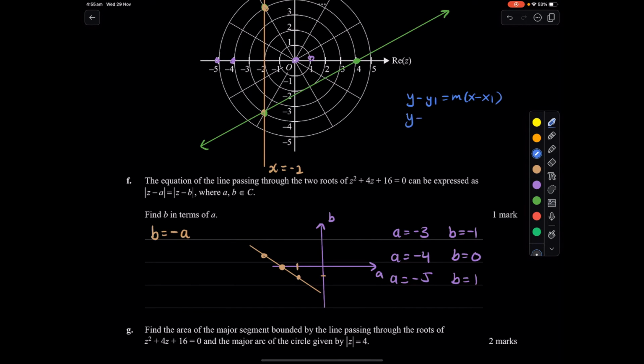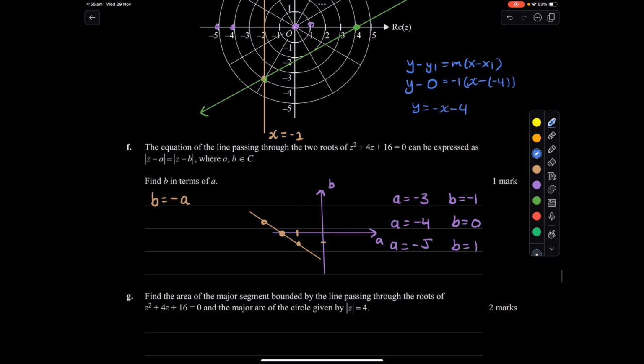Let's use point b0, which is this. y is equal to m, which is -1, times x minus x1, which is -4. So we have -4 here.